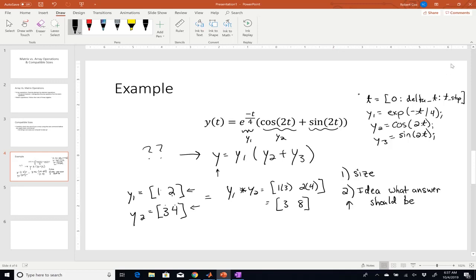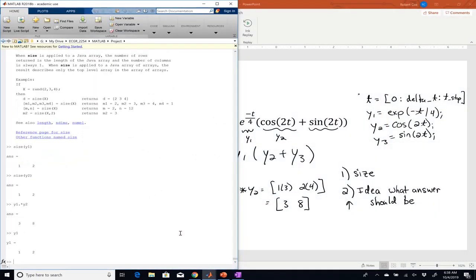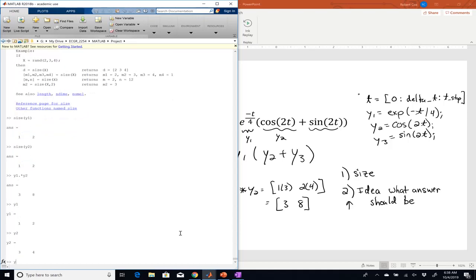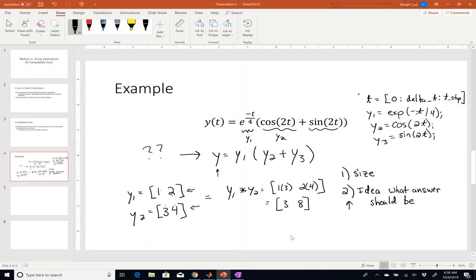All right, now the problem I run into is if I actually go over to MATLAB and I type, let's say, I've defined y1 here as 1, 2, and I've defined y2 as 3, 4. If I say y1 times y2, it says, hey, I can't do that. Incorrect dimensions for matrix multiplication. All right. So we need to better understand what's going on with MATLAB.